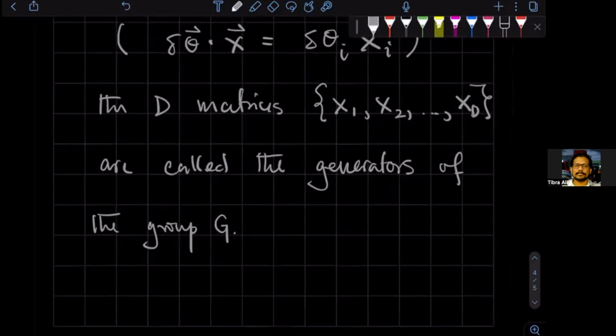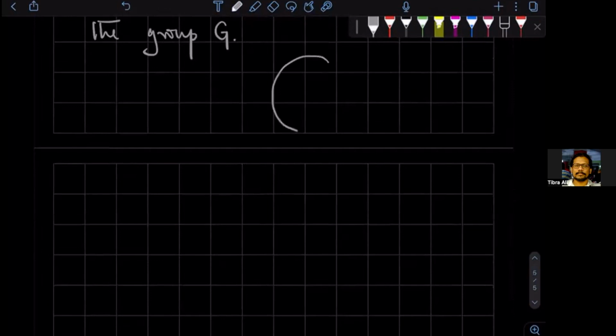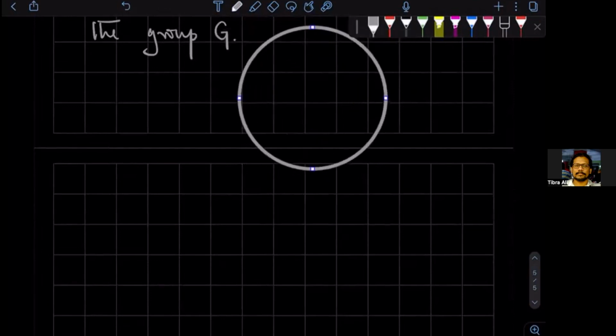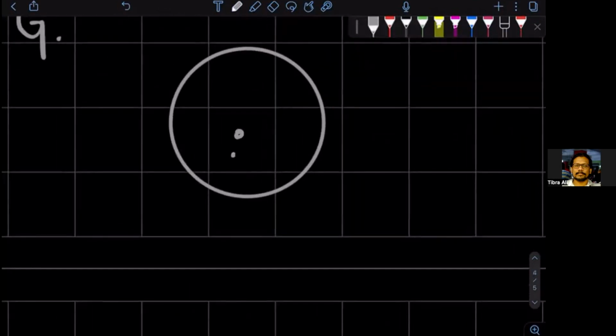If you look at the parameter space, it's some manifold, and there is the identity here, and each of these parameters, say theta_1, theta_2, tell you how far you can go in each direction. But that direction is parameterized by x_1.